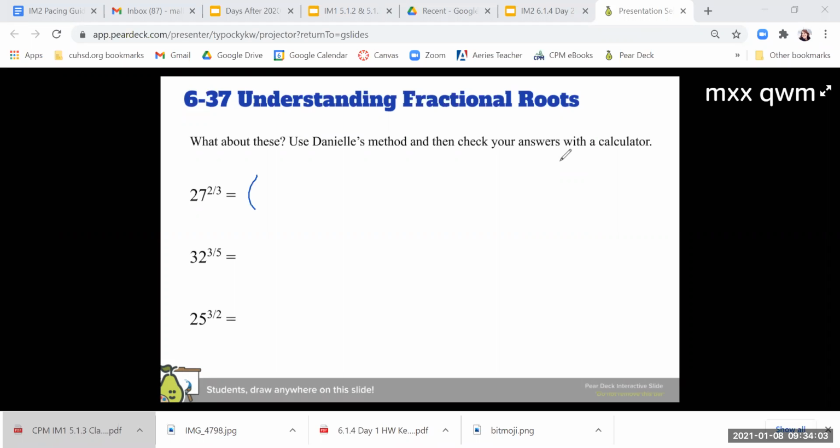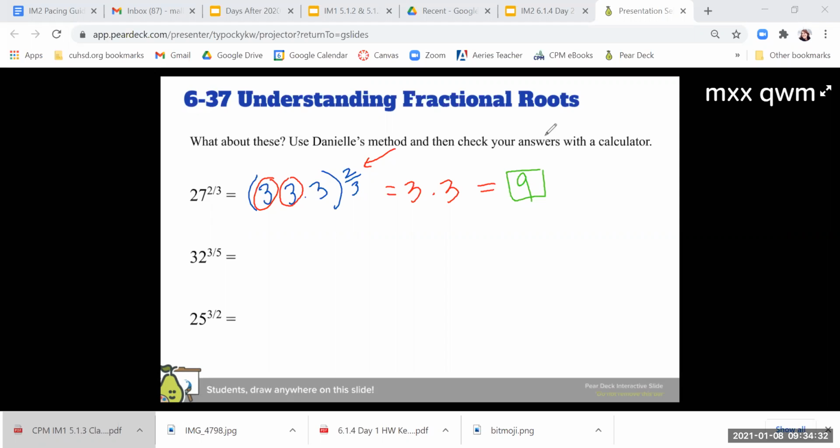So that tells me I want cube roots. So 27 is 3 times 3 times 3. And now, instead of 1 of the cube roots, I want 2 of the 3 cube roots. So I'm going to take 2 of these, and 3 times 3 would give me 9. So 27 to the 2/3 is 9.